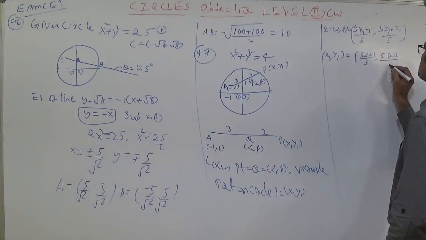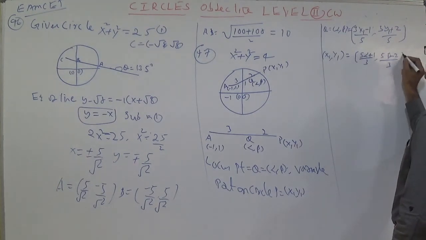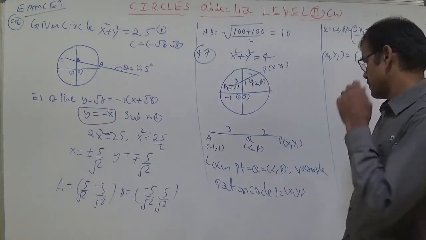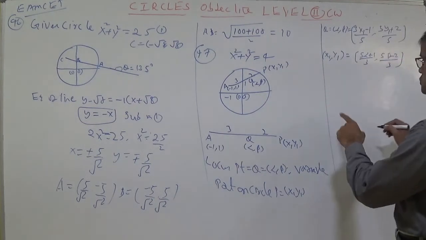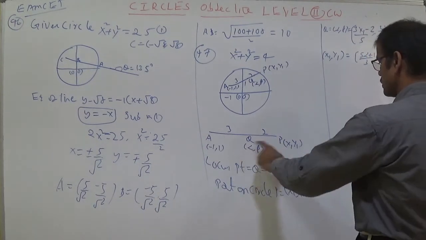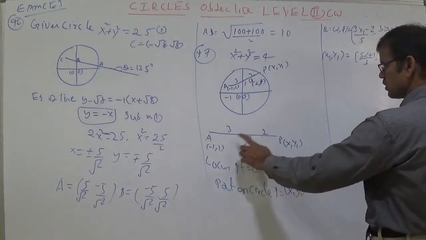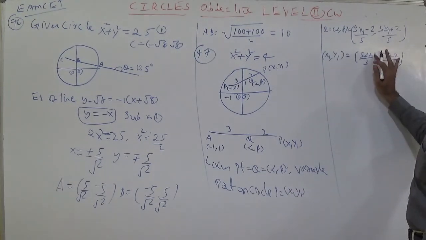With minus 1 comma 1 and ratio 3 is to 2, using mx2 plus nx1, we get 3x1 minus 2 and 3y1 plus 2. Okay, correct. Now using this one.